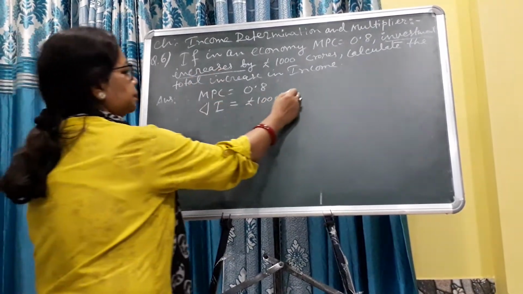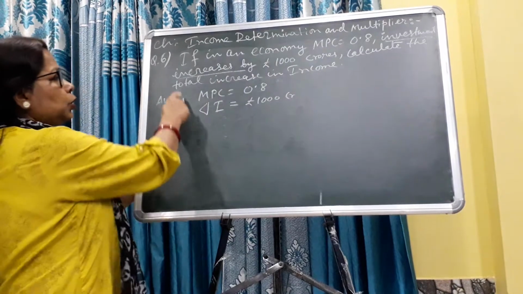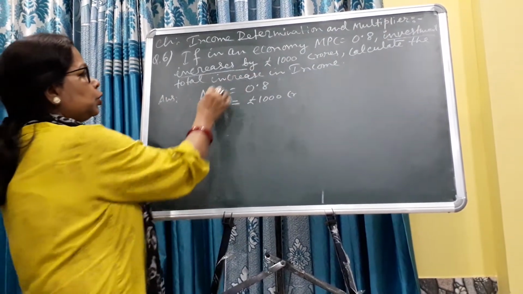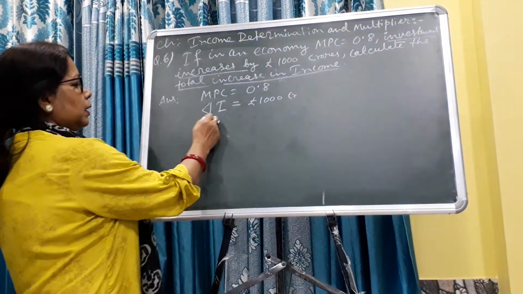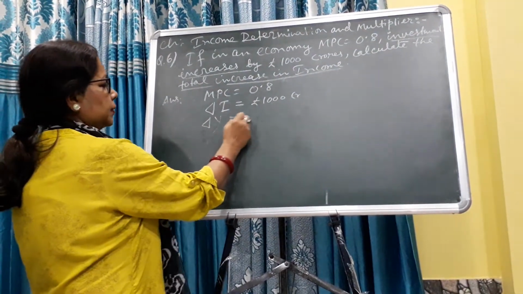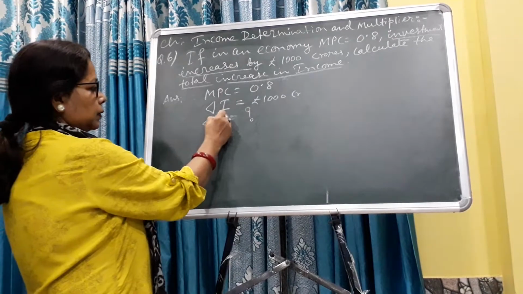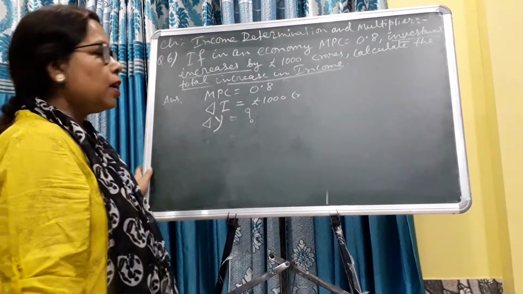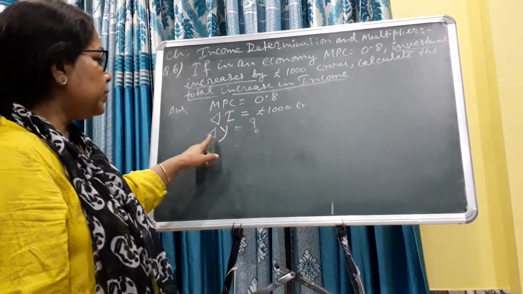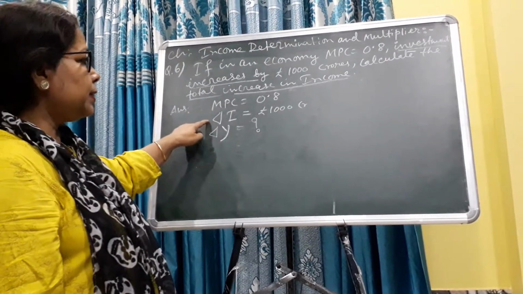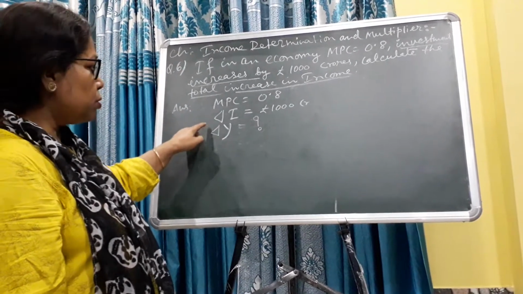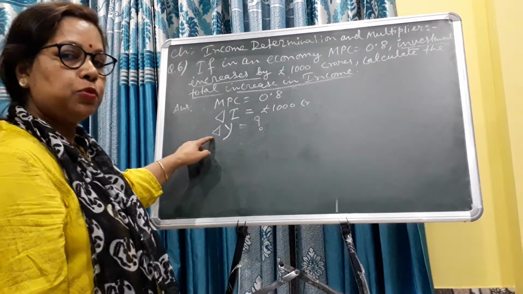Calculate the total increase in income. So total increase in income means delta Y. So here we have to find out delta Y. MPC 0.8, delta I 1000 crores, delta Y we have to find out.